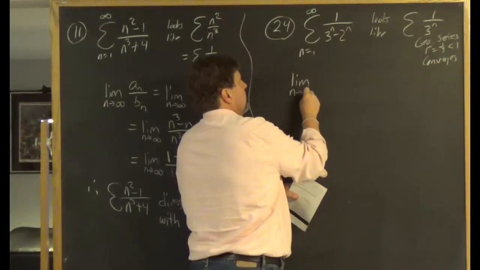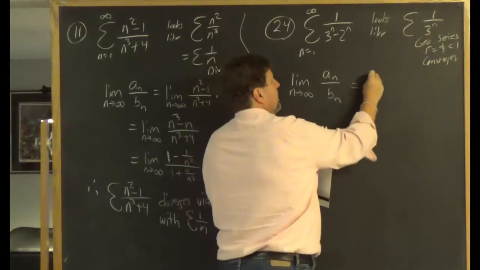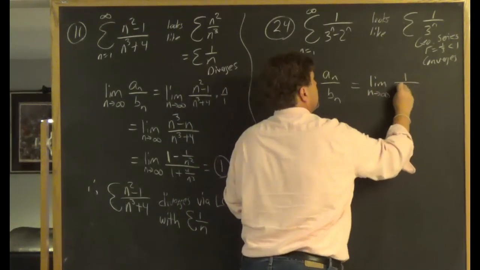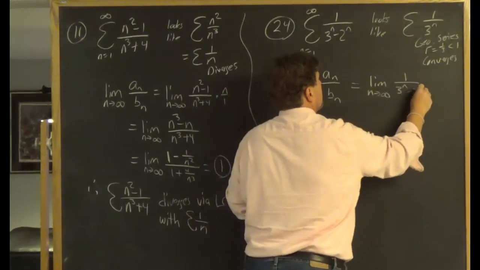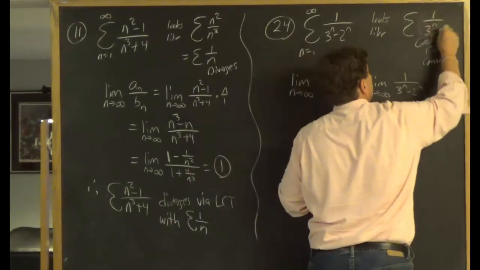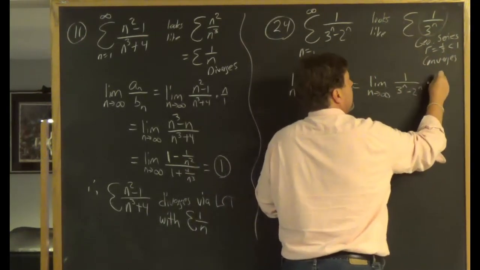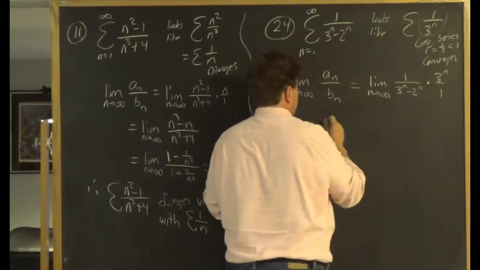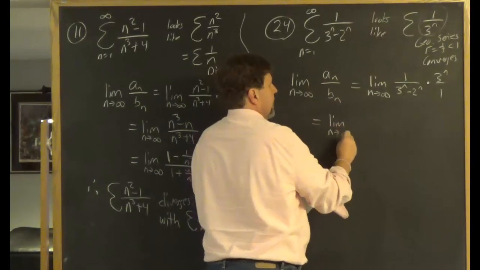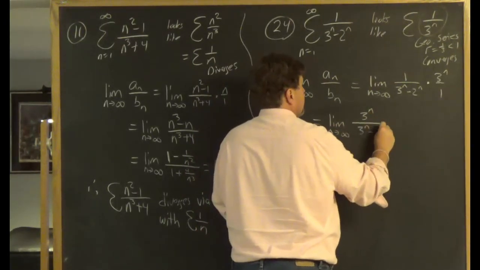The limit as n goes to infinity of a sub n over b sub n. Well, this is b sub n, so this is over 1 over 3 to the n. I'm going to rewrite it as multiplying by the reciprocal. Then I just multiply those fractions together, and I have 3 to the n over 3 to the n minus 2 to the n.